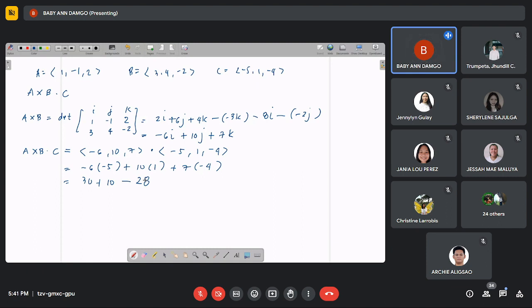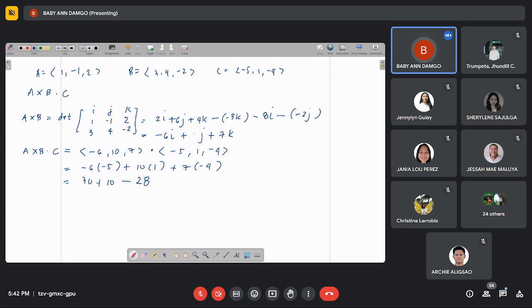So this is A plus B, 1, negative 1, 2. So 2i, and then j is 6j. The j is wrong, no?